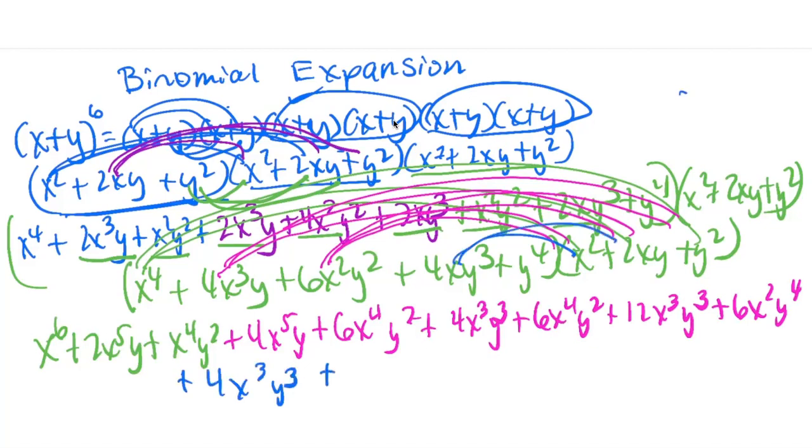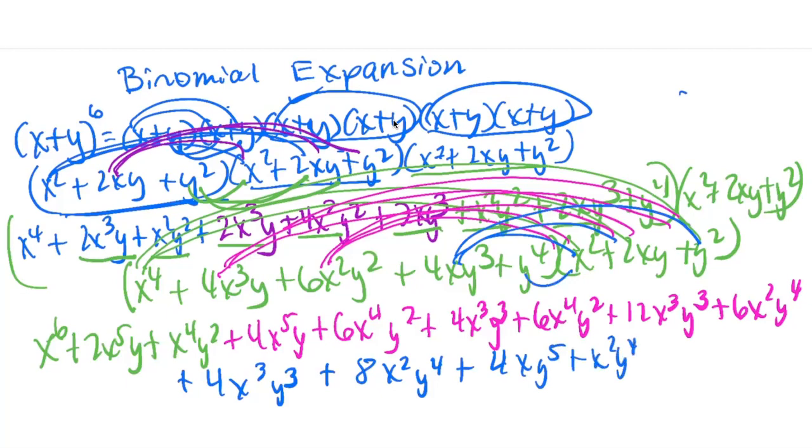This is 8x squared y to the 4th. And this is 4x y to the 5th. This last one is x squared y to the 4th plus 2x y to the 5th plus y to the 6th.